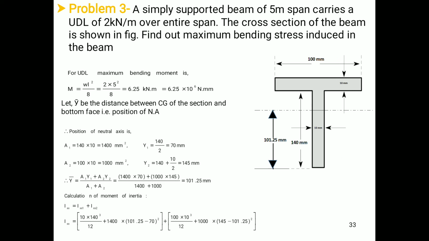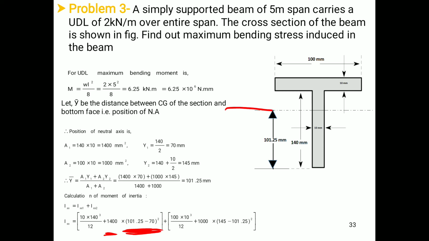For section 1, the thickness of the web is 10 mm and the depth of the web is 140 mm. Therefore, it is bd cube by 12, sorry, not db cube by 12. It will become 10 into 140 cube by 12 plus area, 140 into 10, which is 1400, times h1 square, which is 101.25 minus 70.